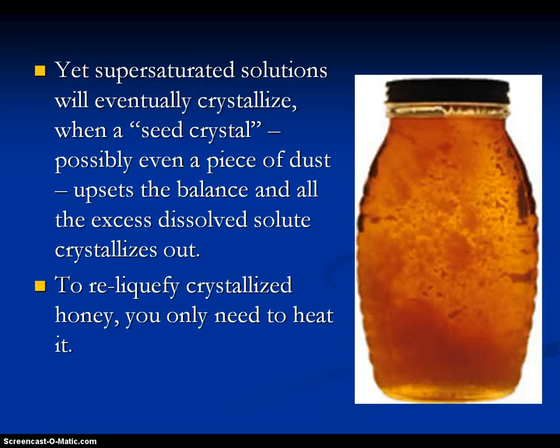Now, if you leave honey on the shelf for a while, eventually the sugar in it starts to crystallize out. And when this happens, it's caused by what we call a seed crystal. One little bit of the solute starts to come out of solution, which then causes the rest to come out of solution. Now, if we wanted to re-liquefy that supersaturated solution, we could just heat it up again and then allow it to slowly cool, and it would again be holding more solute than it should at that specific temperature.